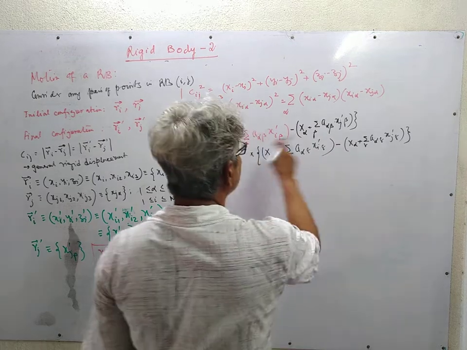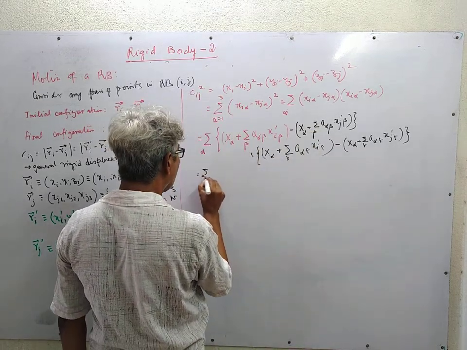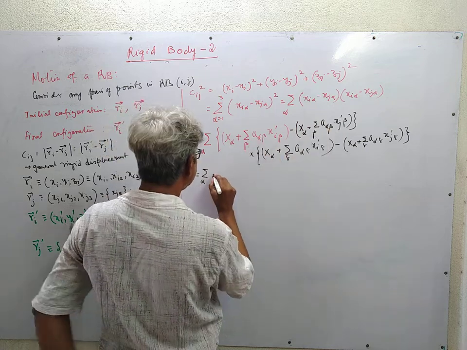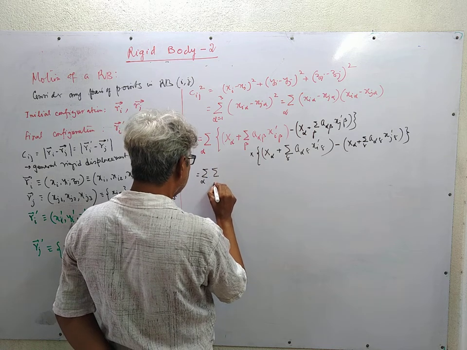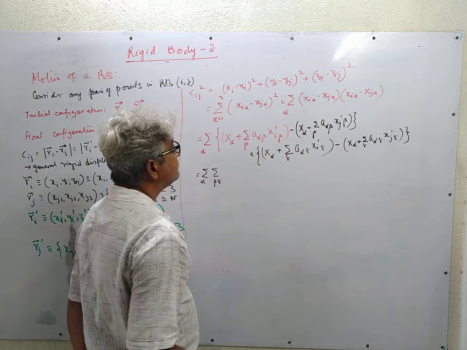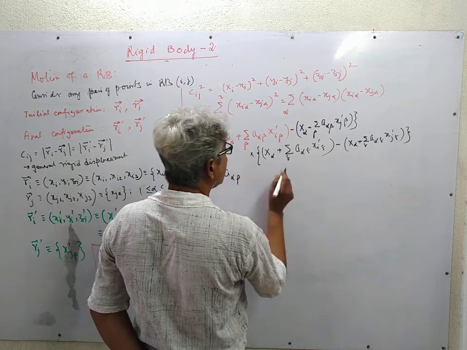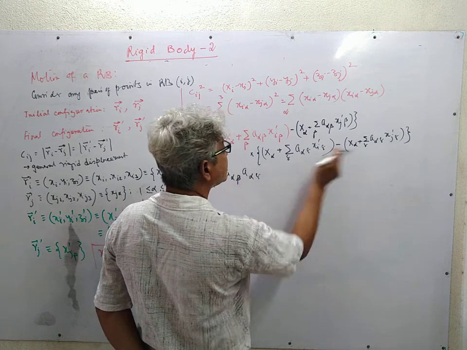You see that these two parts cancel out, so we write it as a summation over alpha, and there is a beta sum and there is a gamma sum. So we have the beta gamma sum. A alpha beta and A alpha gamma are taken common.